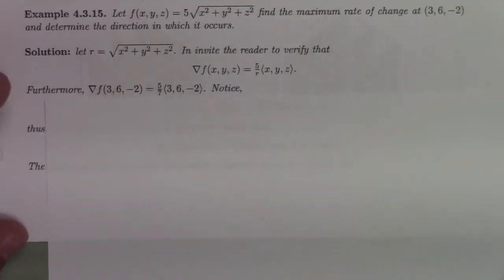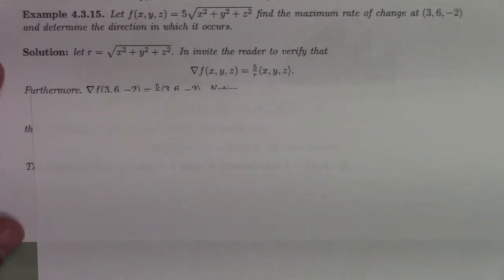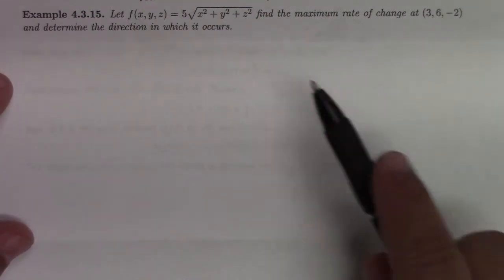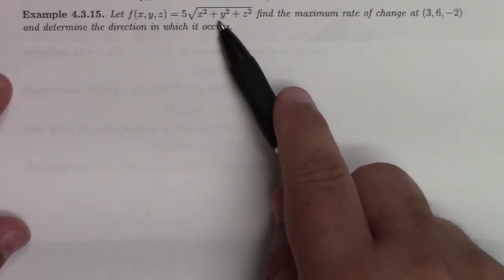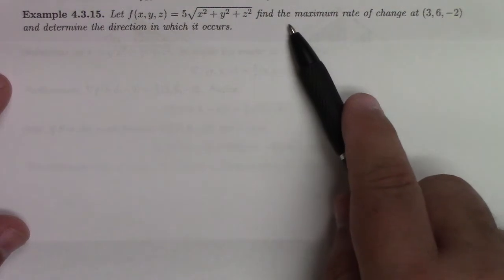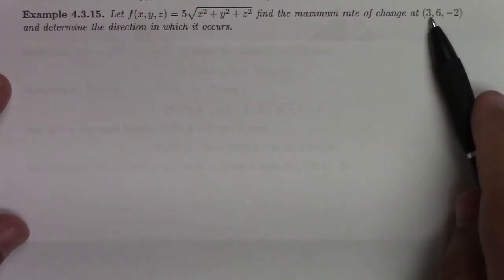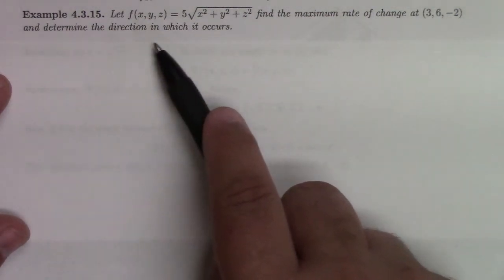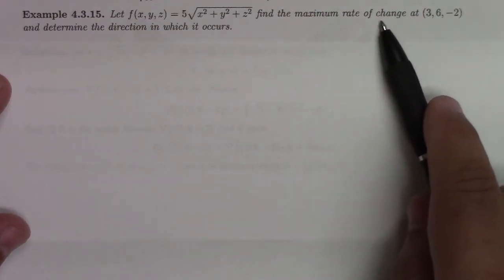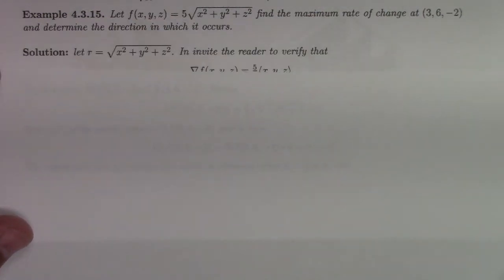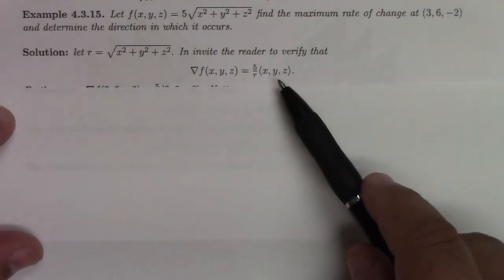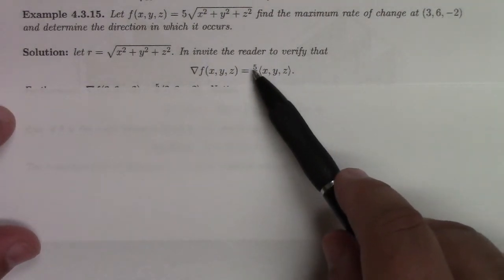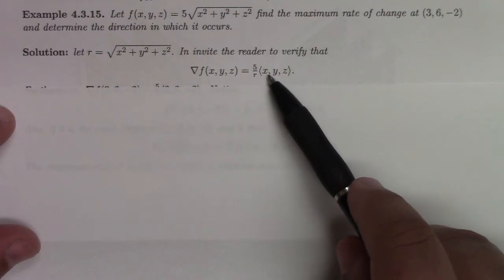And then, of course, there are conceptual questions that we can tack on here. Let f(x, y, z) be 5 times the square root of x squared plus y squared plus z squared. Find the maximum rate of change at (3, 6, -2), and determine the direction in which it occurs. We calculate the gradient, and it's easy enough to check that it gives us 5 over r times (x, y, z).